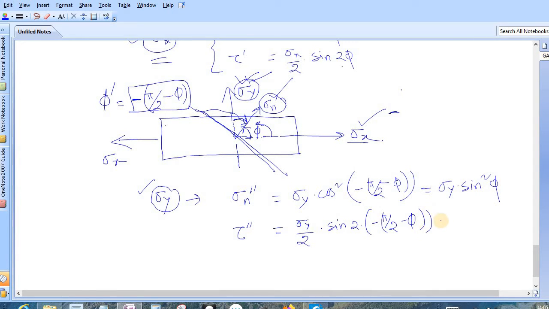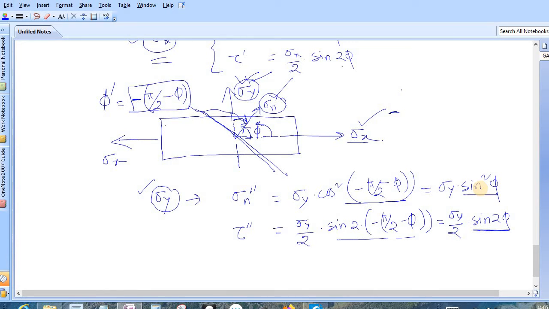And it is again coming as your sigma y by 2 multiplied with sine 2 phi. You can check this operation. If you don't know the formulas or these relations, you may consult any trigonometry books.